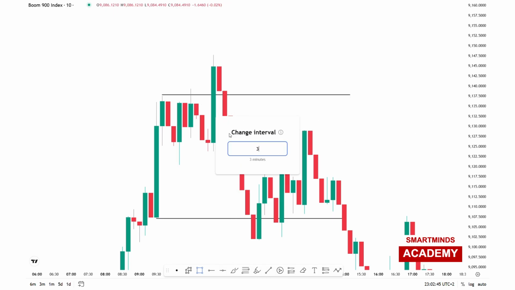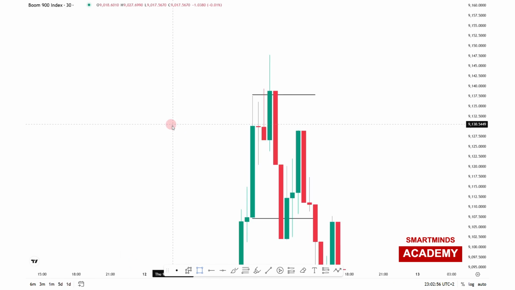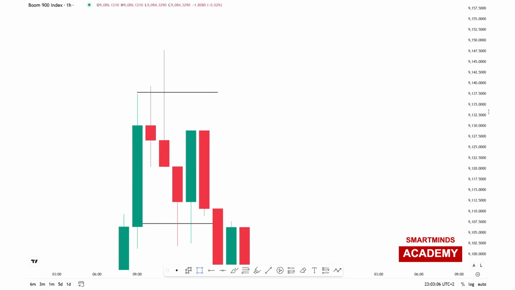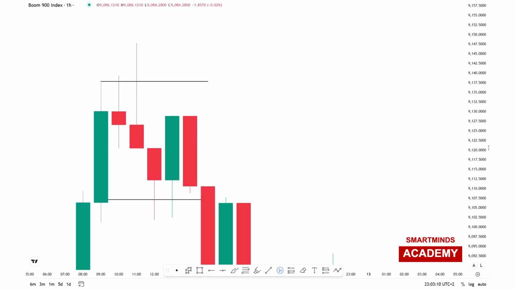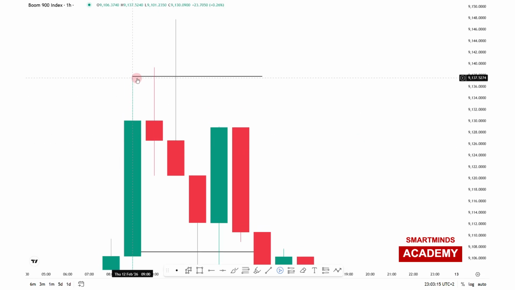So to confirm, let me go to 30 minutes to confirm that indeed that is where we had our entry. To confirm that is where we have our entry, let's look at this. Very good, one hour. As you can see, accumulation, manipulation, distribution.